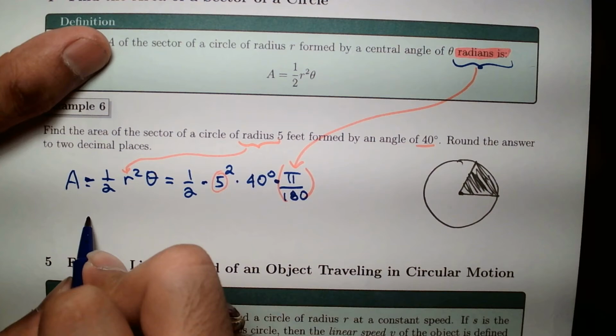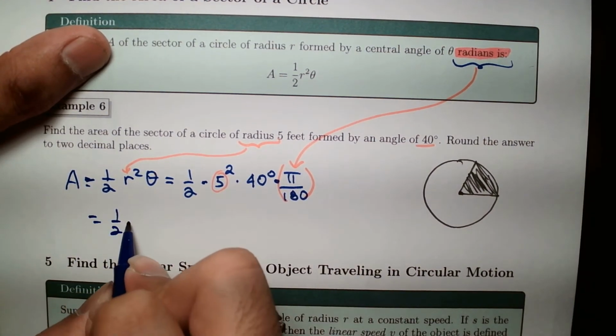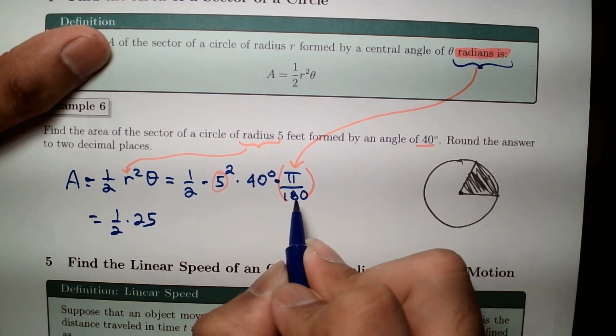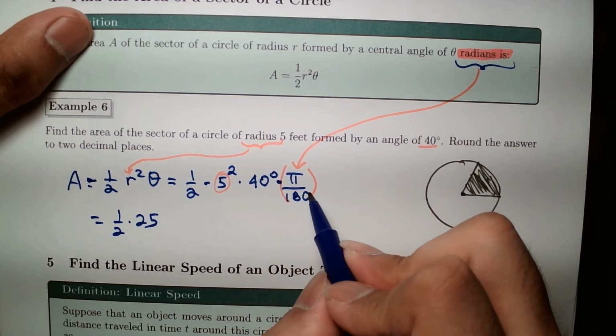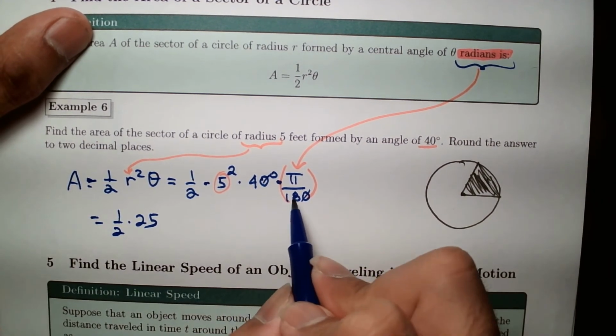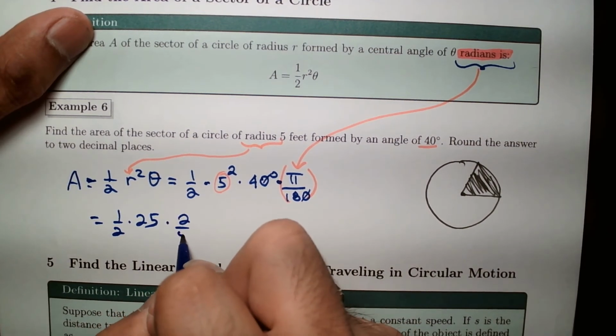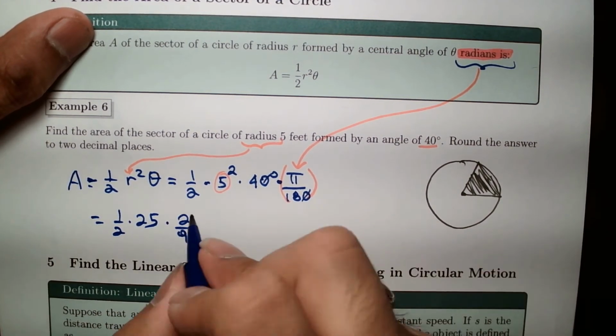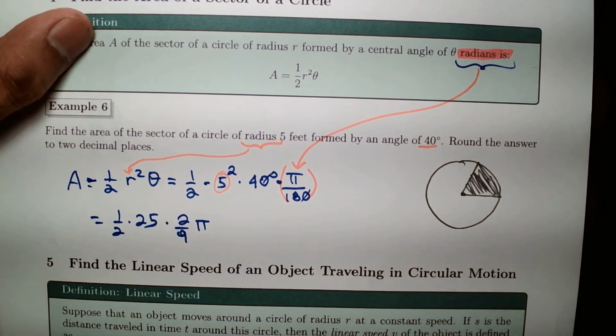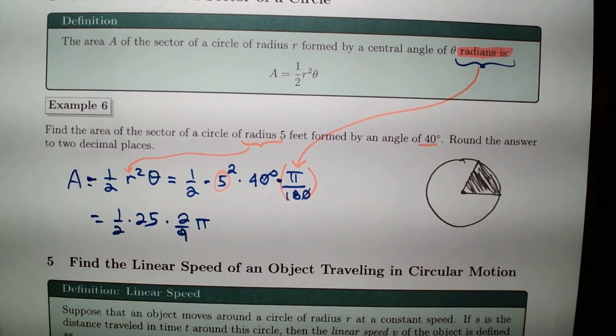So 5 squared, that's 25, 1/2 times 25. And 40 over 180 reduces, let's cancel the zeros. 4 over 18, that's 2 over 9. 2 over 9, and that's times pi. We'll leave that pi over there.